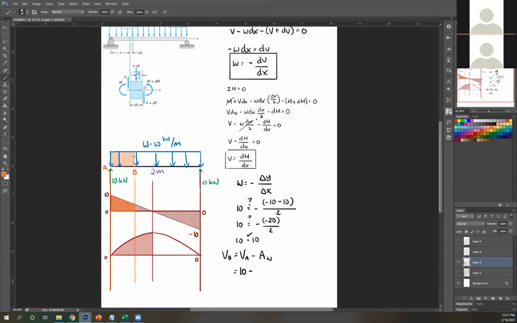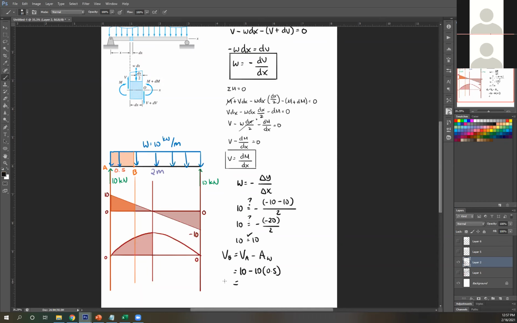So the area of this portion is just a rectangle. The height of this is 10, since W means just the height. So that's 10 times base. And my base there is, let's say, 1 meter. I don't know, let's say 0.5 meters, since this is 1 meter, so that's 0.5.